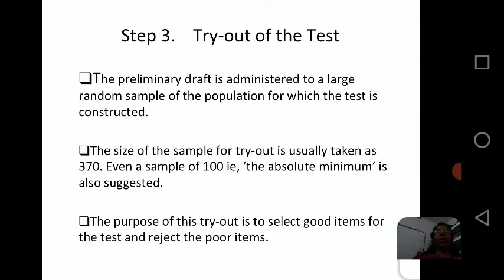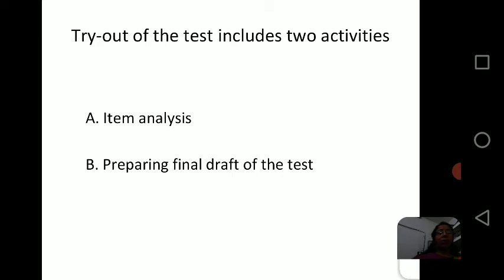These questions need to be excluded, and the first level filtering of the items is conducted during this tryout. Then tryout of the test includes two activities. One is item analysis. Second one is preparing final draft of the test.